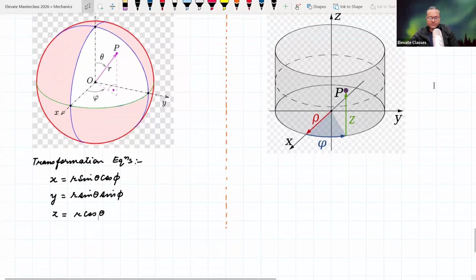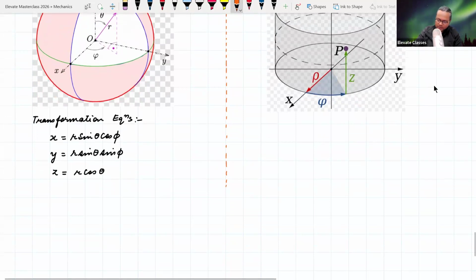Just like we found the reverse transformation equations, if you want, you can do this as a homework, because now I have shown you for one case, you can do the other cases as well.